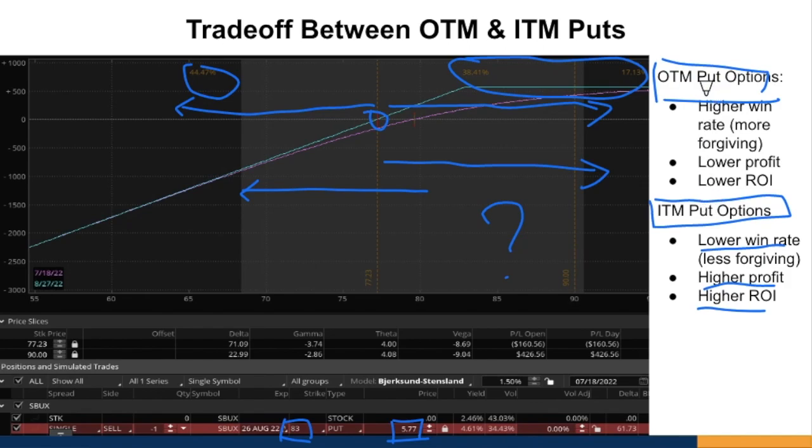You wish that you had sold the out of the money put option, because it gives you a better chance of winning. If the market goes down from the point you sold it, it may not have gone past your strike price. And if it does go past your strike price, you can still roll it down to a further strike price. So it all comes down to the direction of the stock after you have placed the trade.